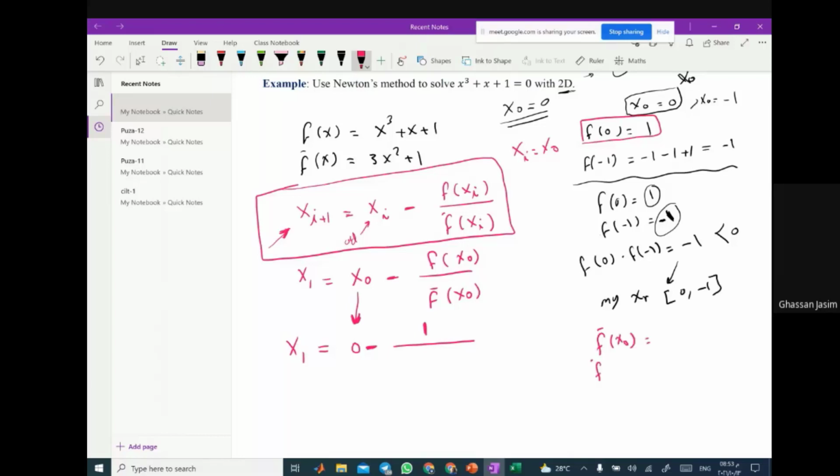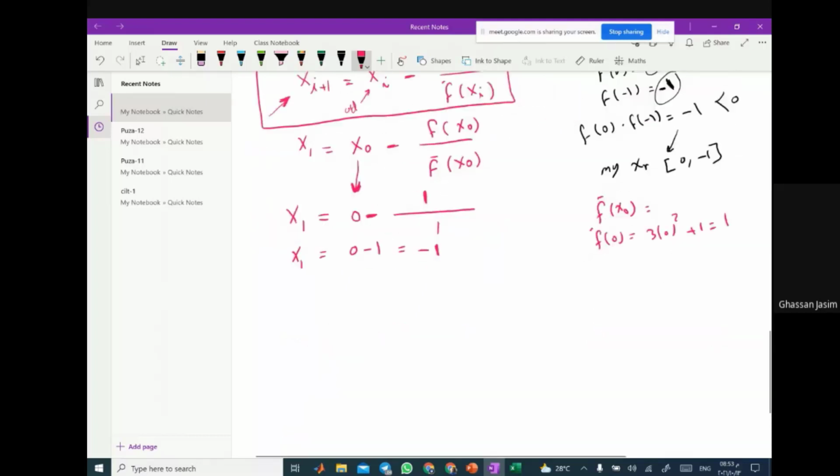That means f dash of 0 equals what? It is 3 times 0 squared plus 1, which equals 1. That means x1 equals 0 minus 1, which equals minus 1. This is x1.